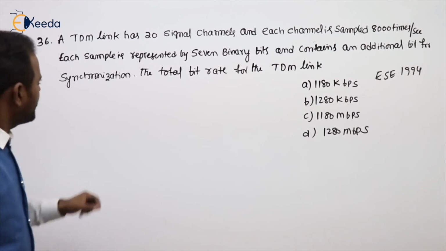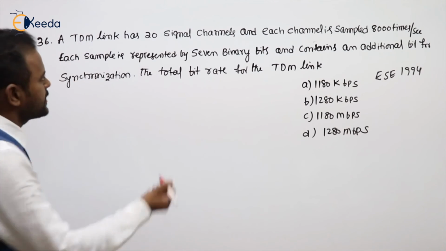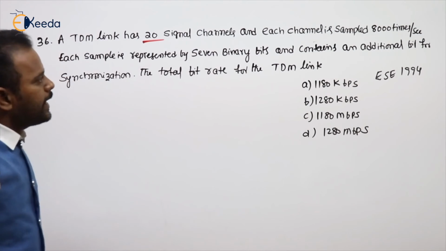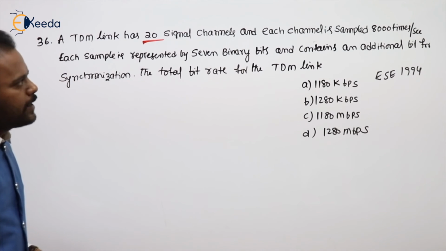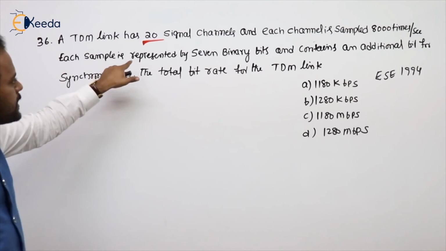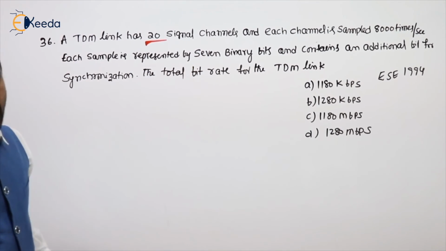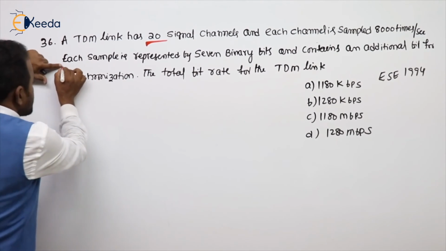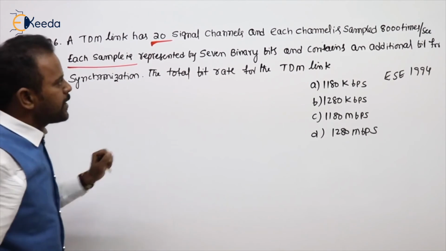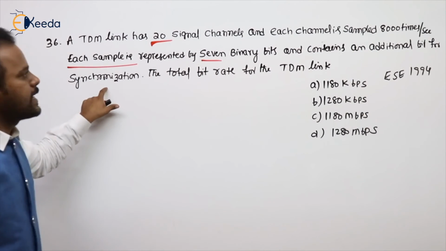See the next problem. A TDM link has 20 signal channels, and each channel is sampled 8000 times. Each sample is represented by 7 binary bits and contains an additional bit for synchronization.